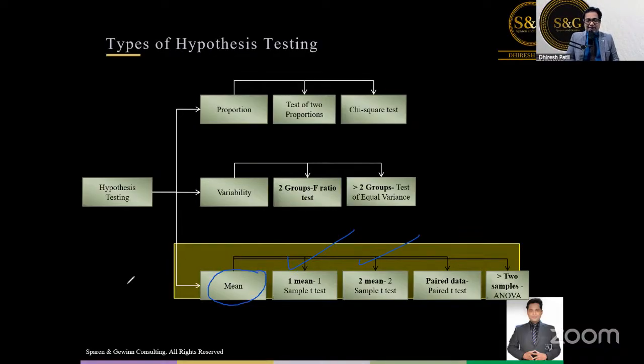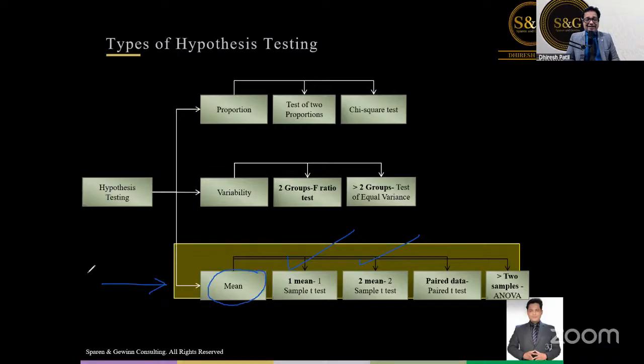Then this is the line we have to refer. 1 sample t-test, when you want to compare one sample with the standard. 2 sample t-test, which we have just seen, male CCO and female CCO. When you want to compare two processes, machines, vendors, shifts, etc., then go for 2 sample t-test.